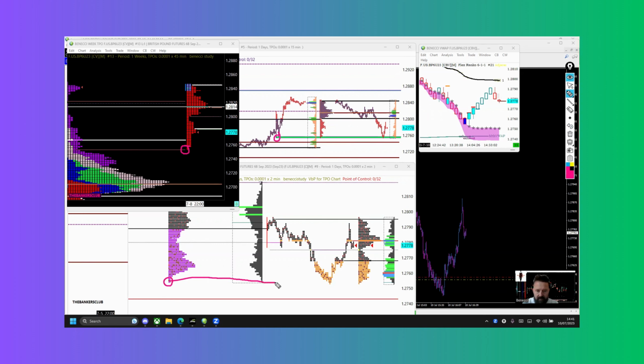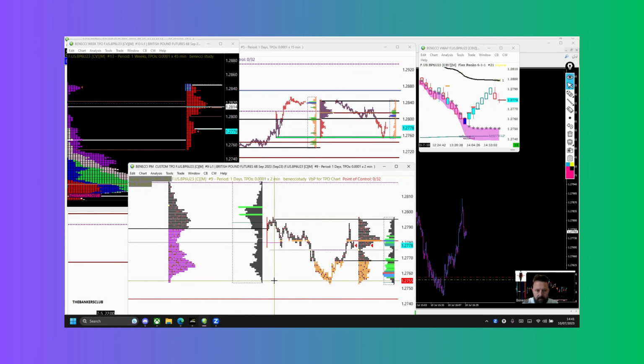Don't know if you can see, just about cleared that. There, see, just cleared it. So that was what my points of interest were going to be, somewhere around about there.